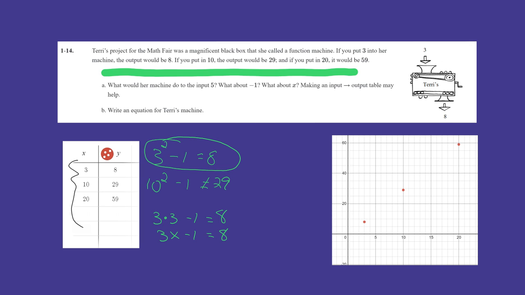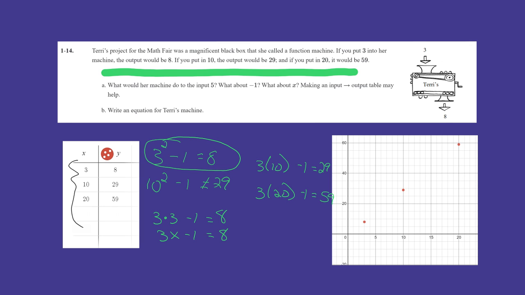So I thought, let's try that with the 10 and the 20, the 10, 29, and then 20, 59. So 3 times 10 minus 1, well, that does equal 29, okay? And then 3 times 20 minus 1, that does equal 59. So I have found a rule for my equation.